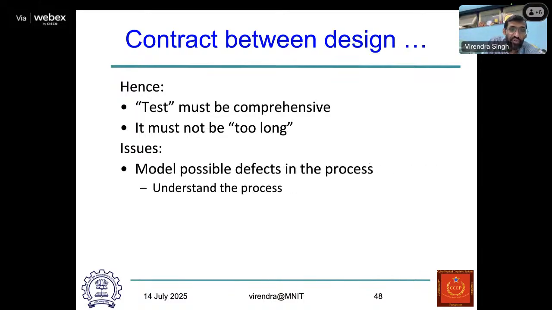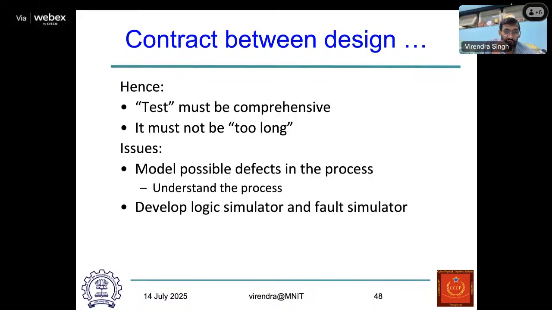So there are issues in this. Now you have to model the possible defects that can happen, because, I'll come to this point, you cannot test it functionally. And if you cannot test functionally, in that case you have to model what kind of defects I am likely to get when I'm manufacturing the chip, and then test for those defects.